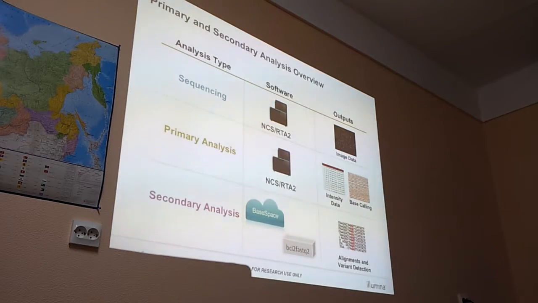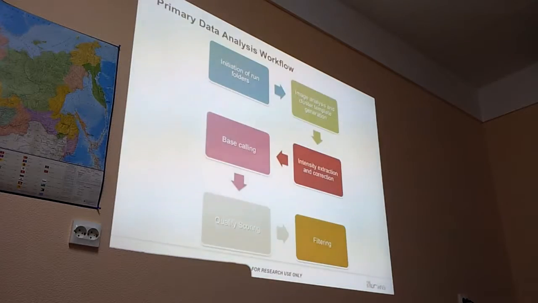This you all get directly on the machine, and then the alignment and variant detection. This is what happens in BaseSpace, either in the cloud or on site. So this is basically what you are used to from the MySeq.